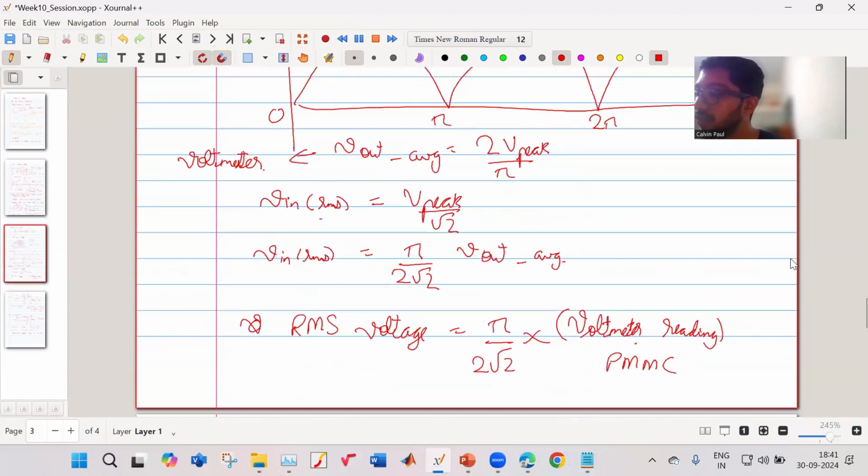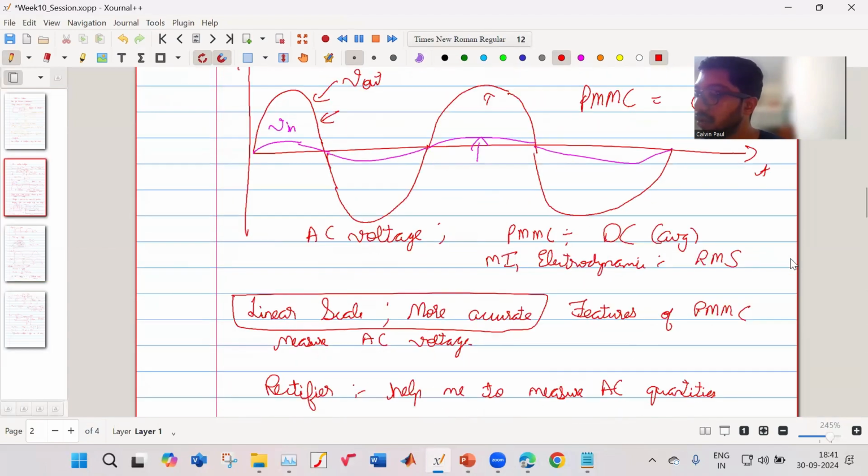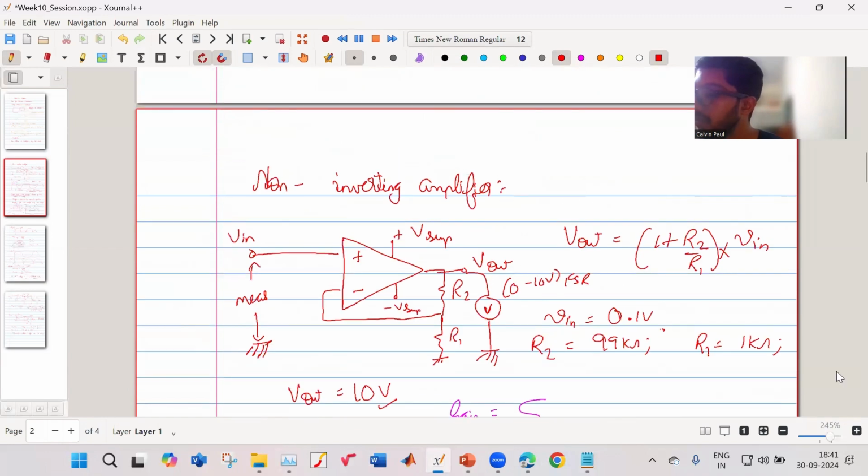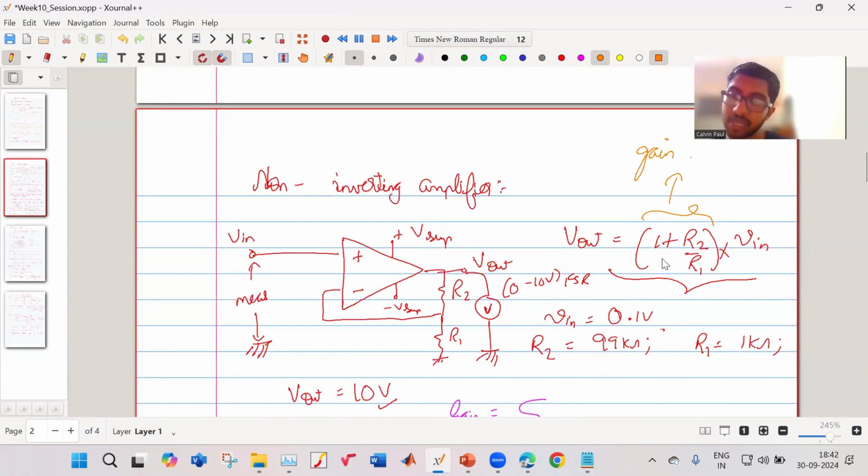We know for a difference amplifier, this is my relation and this is the gain. The gain for a non-inverting amplifier is 1 plus R2 by R1. This is my gain. Now, if I want to change the gain, what I should do? I should change R1 or I should change R2. Either one of them I have to change.